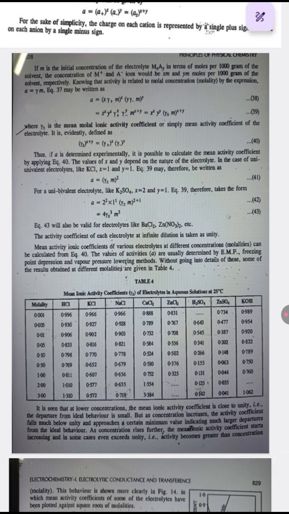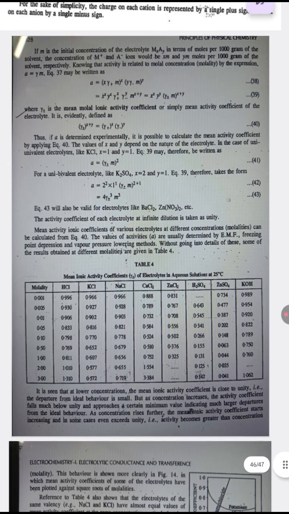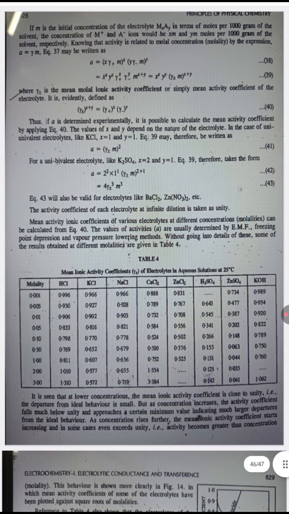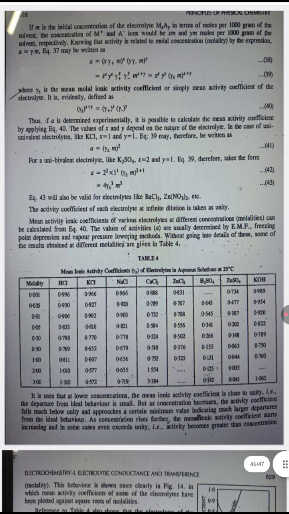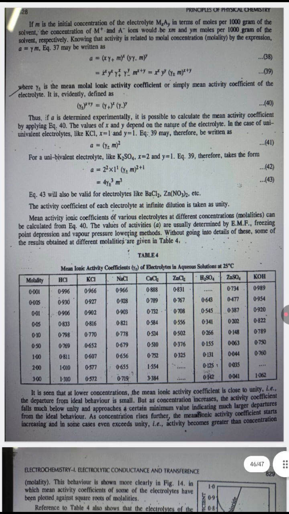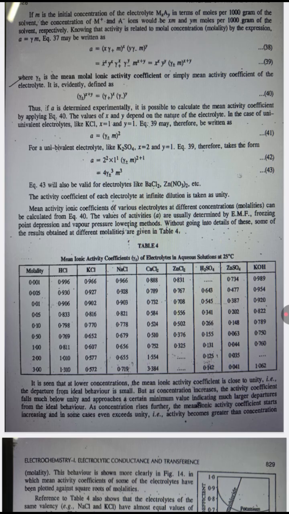For the sake of simplicity, the charge on each cation is represented by a single plus, on each anion by a single minus. If m is the initial concentration of electrolyte MxAy in terms of moles per 1000 gram of the solvent, the concentrations of M+ and A- ions would be xm and ym moles per 1000 gram of the solvent respectively.